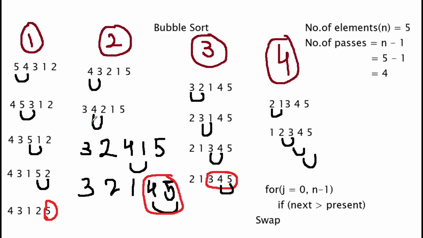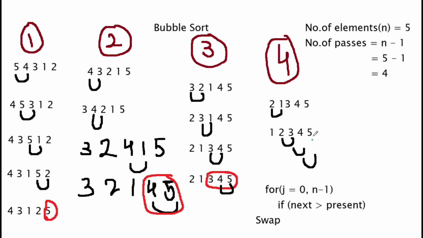Again guys, in the second pass 4 is swapped, and here a 3 is swapped. So if you carefully observe, for each and every pass in 1, 2, 3, there are some swappings majorly. But in the fourth one, you can see that there is no pass. Only 1 and 2 are getting replaced. After that, there will be no swappings.